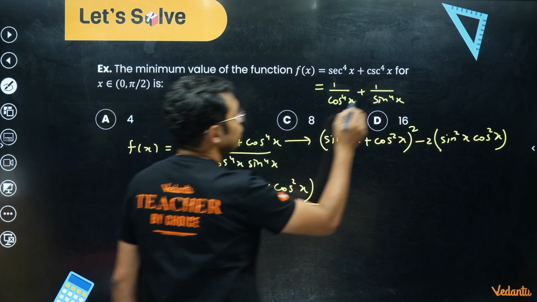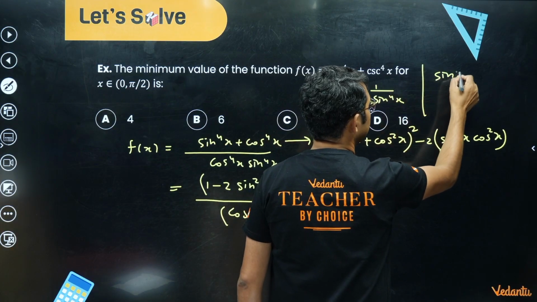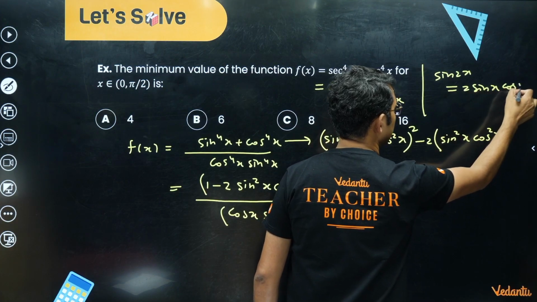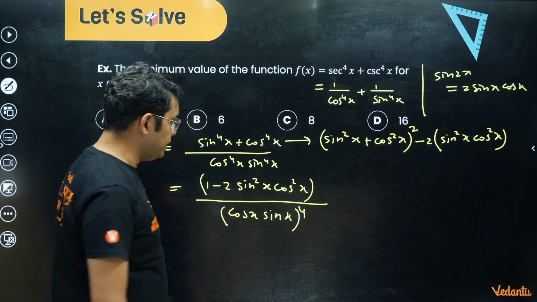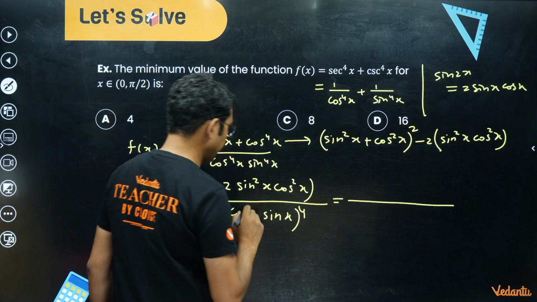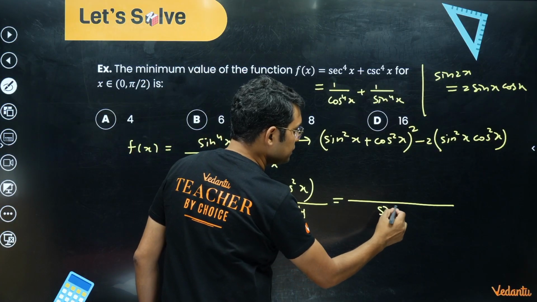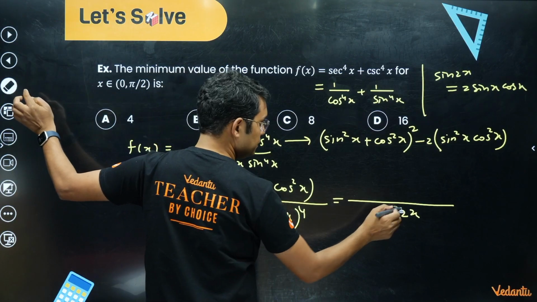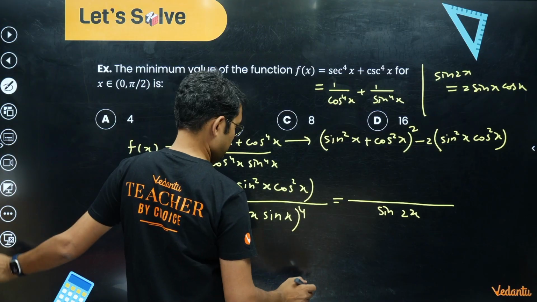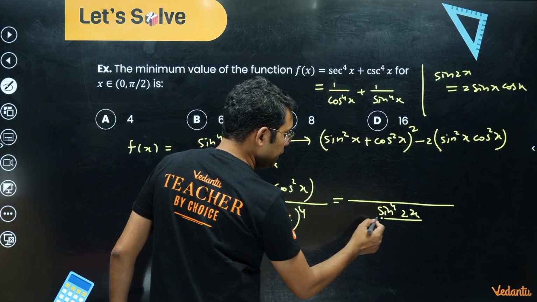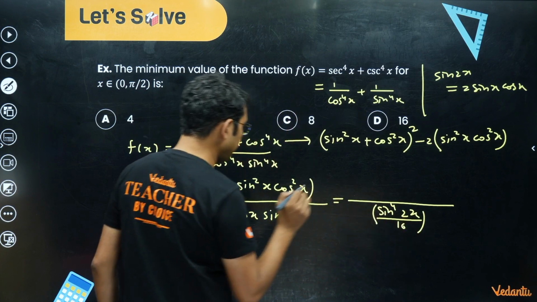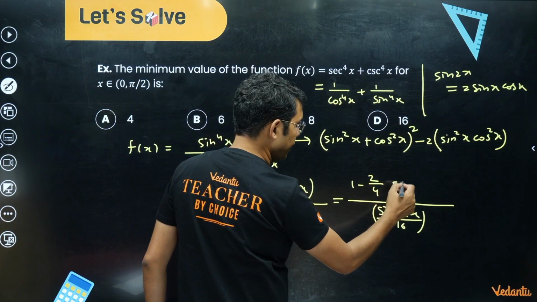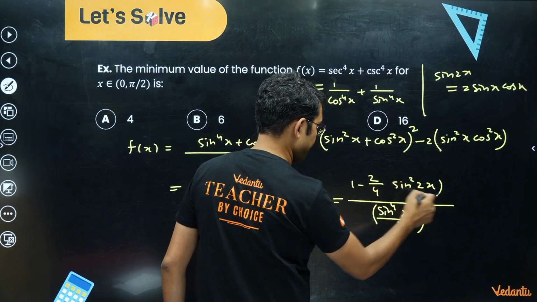Now dear student, you know sine 2 theta formula is equal to 2 sine x cos x. So I can write cos x sine x as sine 2x by 2. Sine power 4 2x divided by 16 in the denominator, whereas 1 minus 2 upon, I think 4 it would be, and sine square 2x here.